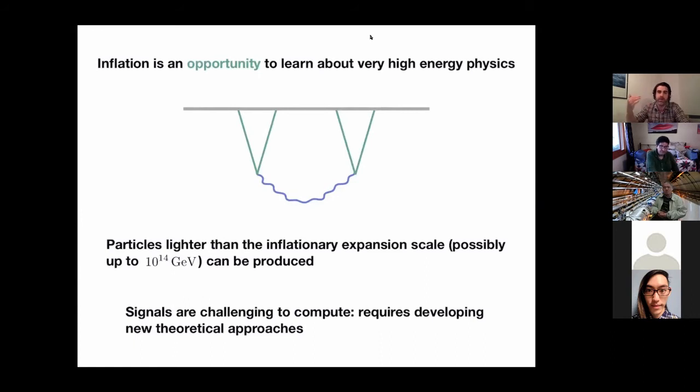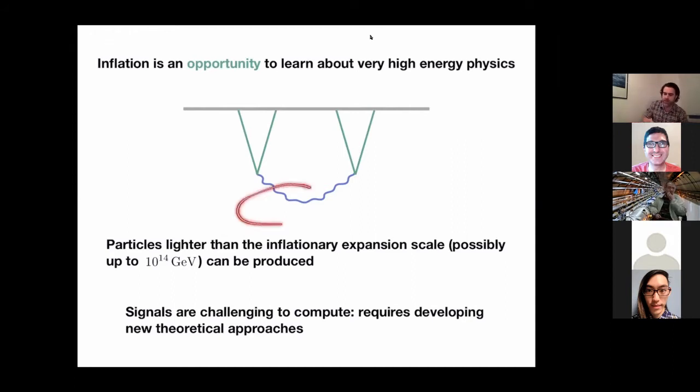And so particles which have masses of order or less than that energy scale get excited by the inflationary background. They can be produced on shell. And so inflation can act like a high energy particle collider, in the sense that it can generate very massive particles on shell, which then decay into the light degrees of freedom whose correlations we measure on the late time boundary. And we can infer the existence of these heavy particles by looking at subtle details in the late time correlations.